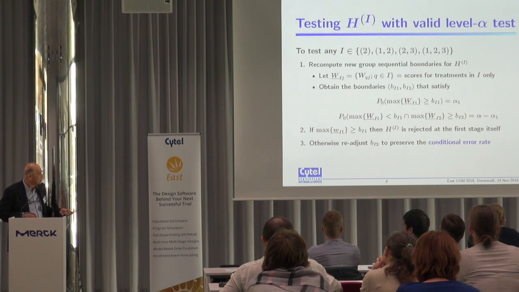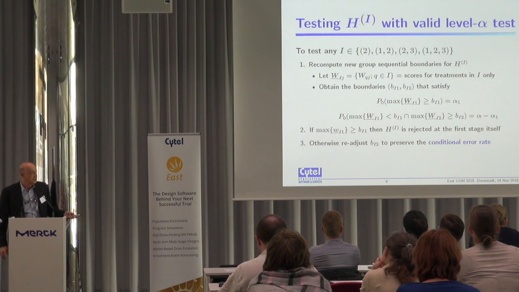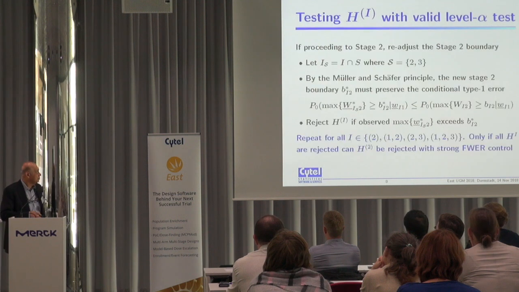So at the first look, of course, if the observed maximum statistic exceeds BI1, then automatically HI is rejected. But if otherwise, you can further readjust the second look boundary by the conditional error rate method.